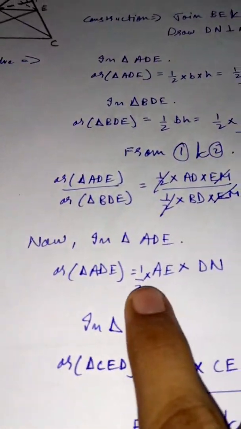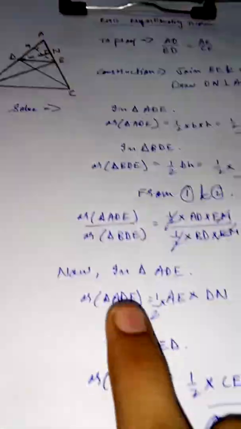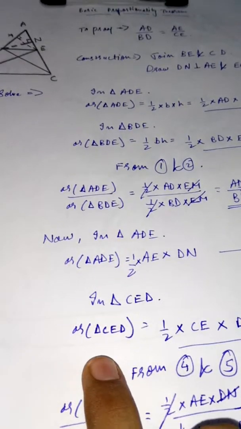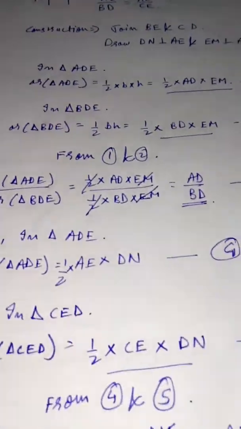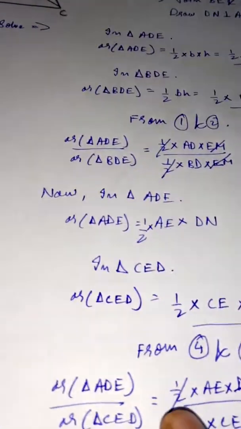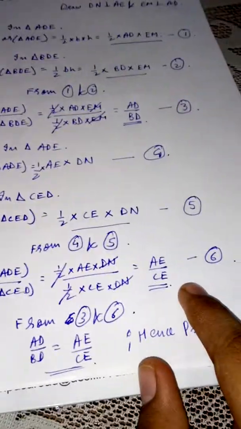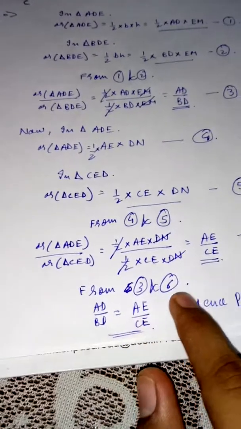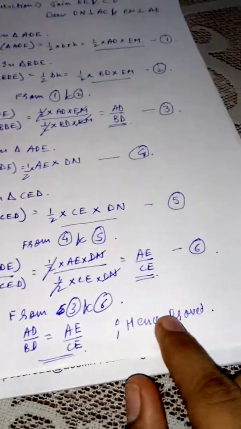This is equation 4. In triangle CED, the area of triangle CED is CE into DN, the common altitude. Equation 5. From 4 and 5 again we get common AE upon CE. The second part is also solved, and at last from equations 3 and 6, AD upon BD is equal to AE upon CE, hence proved.